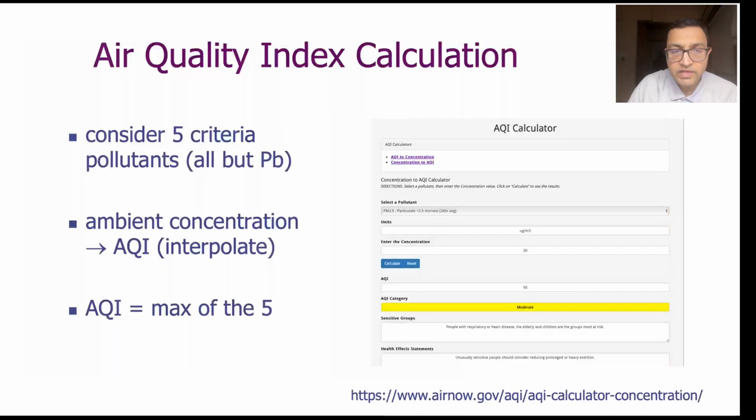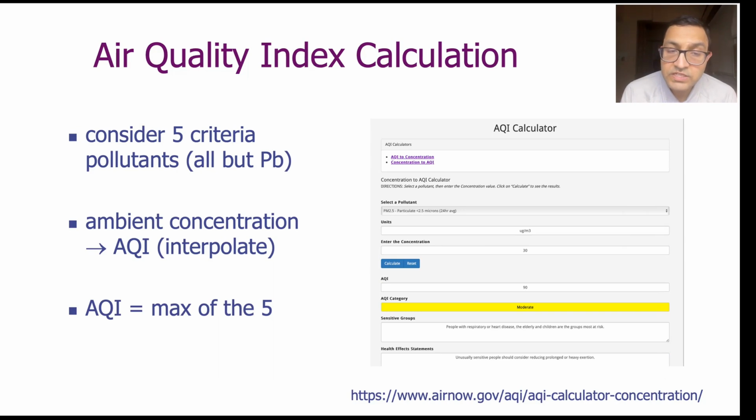And how do you calculate AQI? Typically, you would consider five out of the 6 criteria pollutants, except lead, and you take the ambient concentration and convert it to AQI.